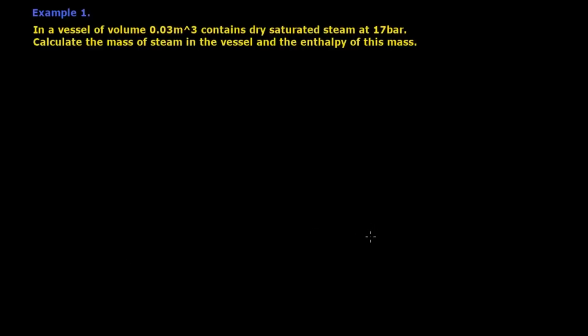Example 1. A vessel of volume 0.3 meter cube contains dry saturated steam at 17 bar. Calculate the mass of steam in the vessel and the enthalpy of this mass.